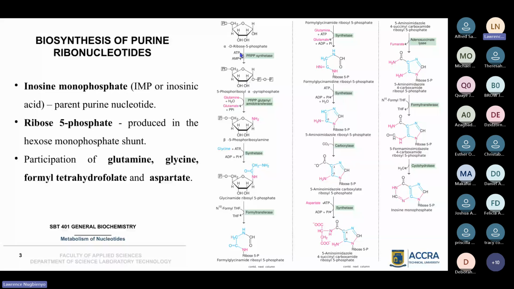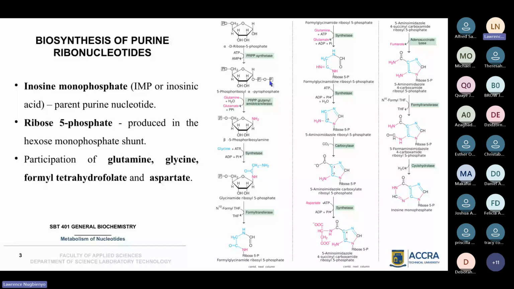So we are seeing this phosphorylation that we have been seeing with the various biochemical pathways. We are seeing it again here. This time around, it's a pyrophosphate, a diphosphate, 2 phosphate groups from ATP that gets conjugated on the ribose 5-phosphate to give you the phosphoribosyl pyrophosphate.